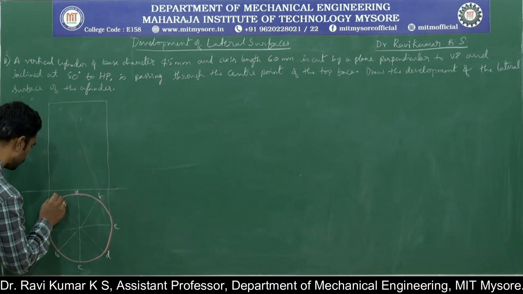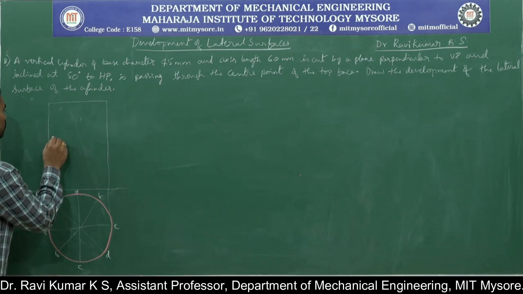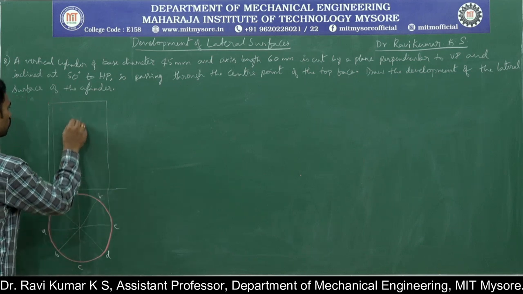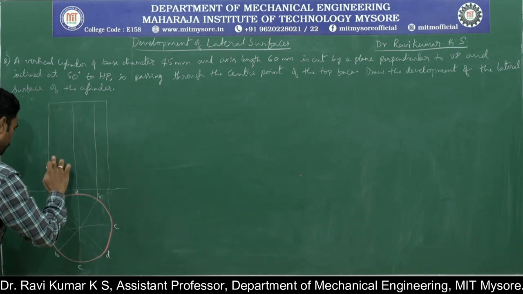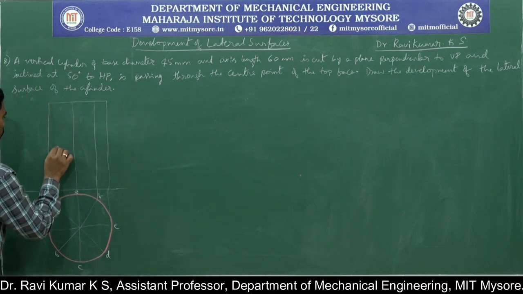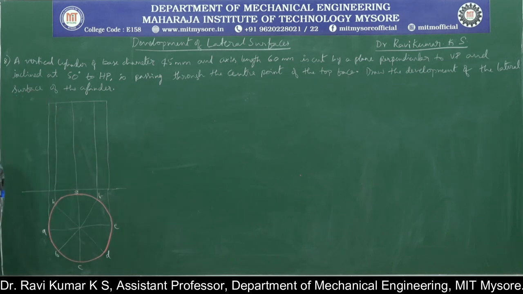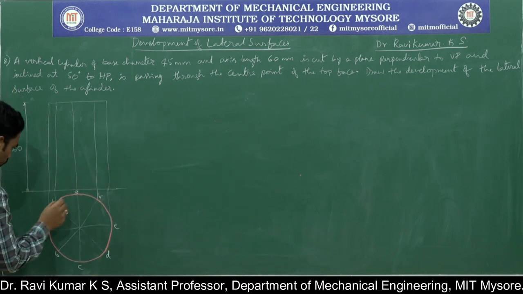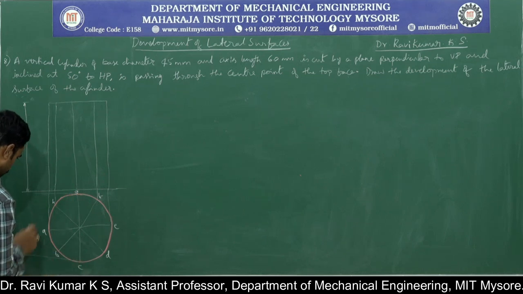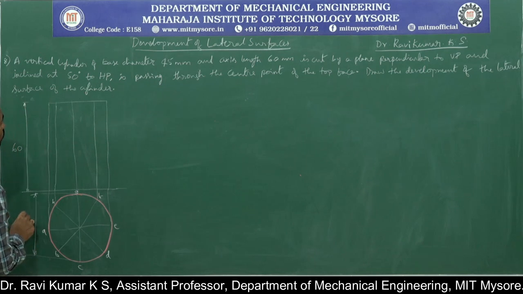Now just take the projectors out there, to help in the development part. This is the front view, where the height of the cylinder is given as 60 mm and the diameter of the cylinder is given as 45 mm.